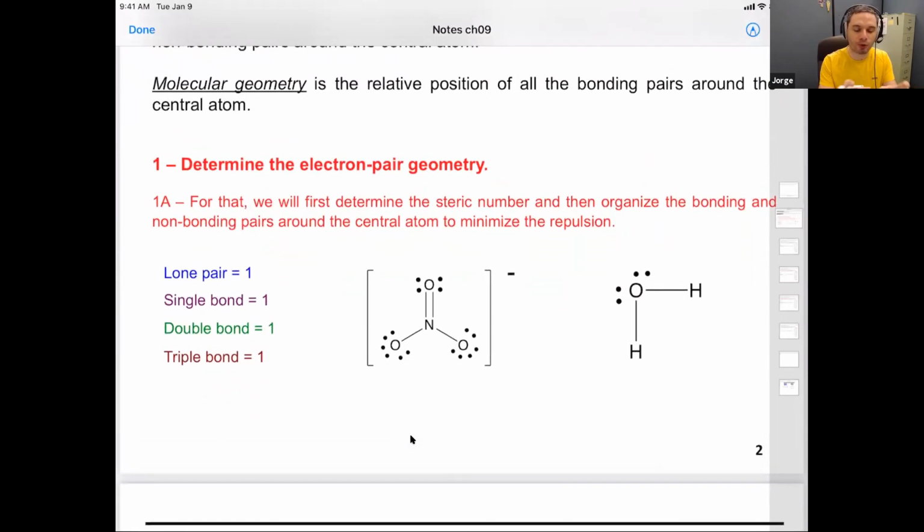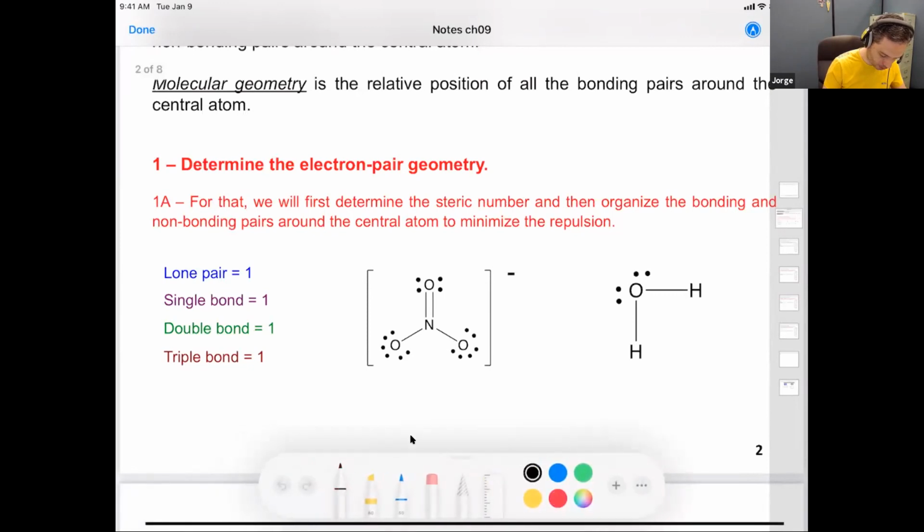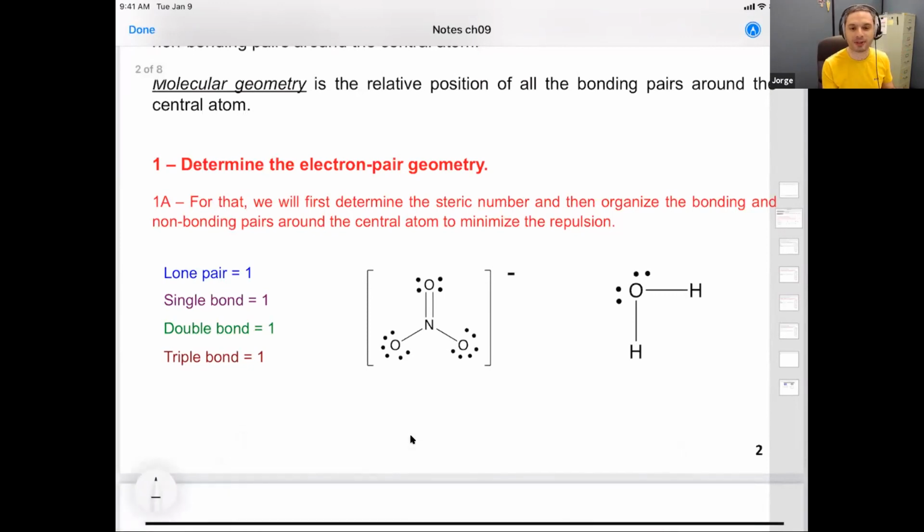And we are going to add everything we have around the central atom. So let me show you two examples here. The first one is the nitrate, and the second one is the water molecule. The first goal is to determine the steric number, and then we are going to organize everything that's around the atom in space.